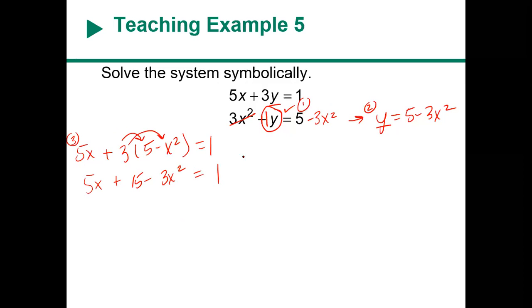Because this is a quadratic, we're going to have to use our techniques for solving quadratics, which means that one side needs to be equal to 0. So that I can have a positive a, which doesn't really matter, I'm just going to move everything to the right. So I'm going to be left with 0 equals 3x squared minus 5x minus 14.